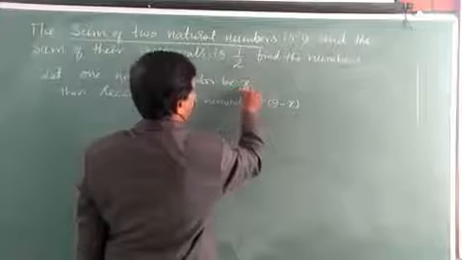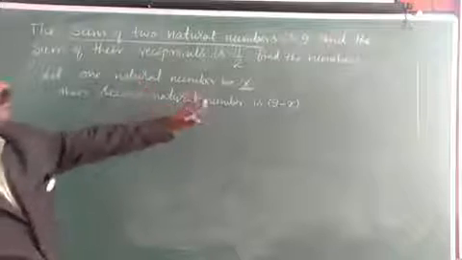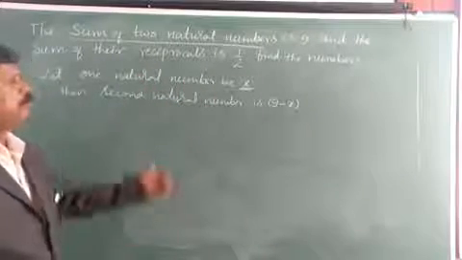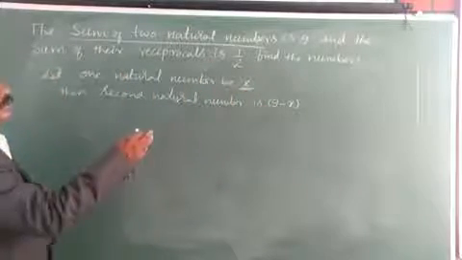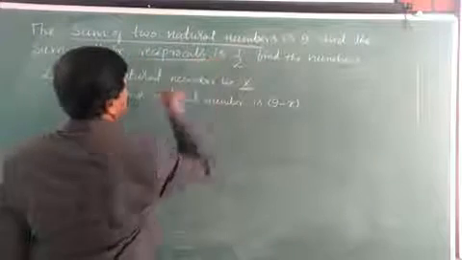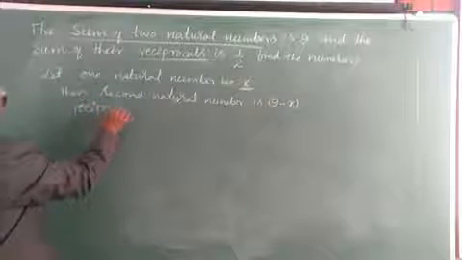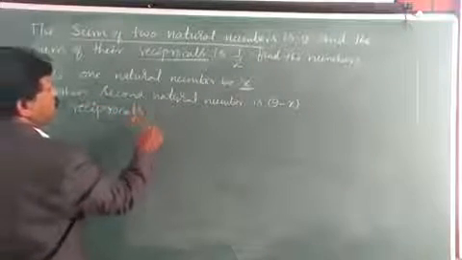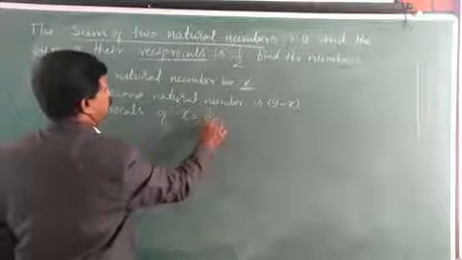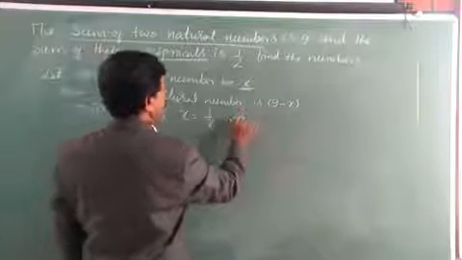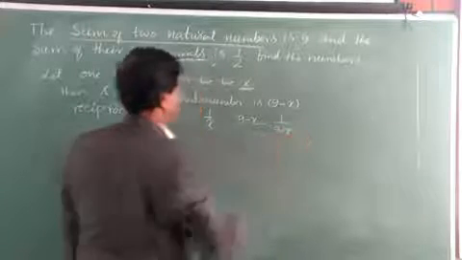Look at this. This is x and second is 9 minus x. Now these are the two natural numbers. The sum is not given, but they are given the reciprocals. Okay, reciprocals of x equals 1 by x, of 9 minus x equals 1 by 9 minus x.